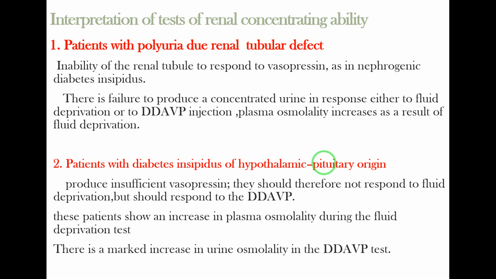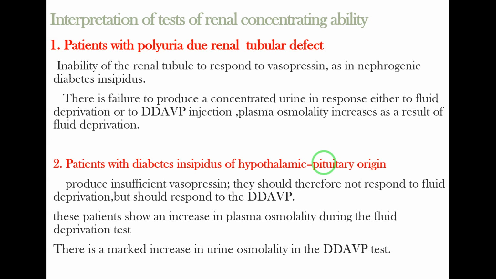Both of them have lost their concentration ability, but one of them is due to a defect in the tubular cell. If the defect is in the renal tubular cell, the cell cannot reabsorb water and cannot respond to the antidiuretic hormone. In both tests, the plasma osmolarity increases and the urine osmolarity does not increase.